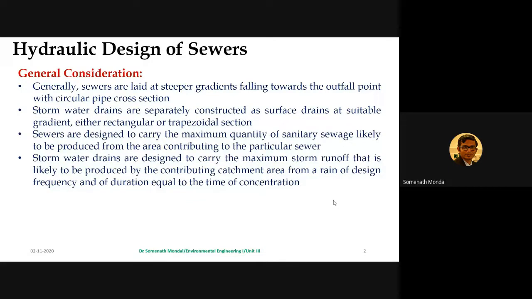Usually it is preferred to use circular pipe sections. However, you have to remember here, there might be one question which may come to your mind, and you should have asked me, sir, all these pipes are actually underground pipes, but we are considering them as open channel flow. The reason being, in this case, gravity is the main influencer for this material to get conveyed from one point to another point.